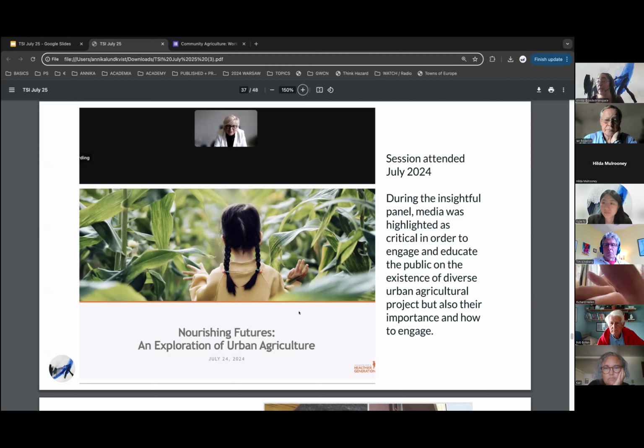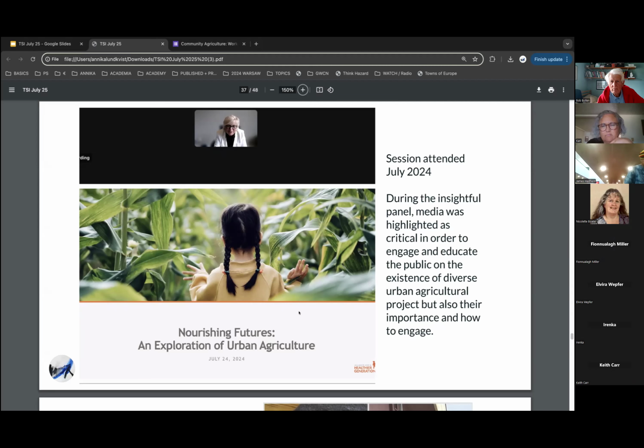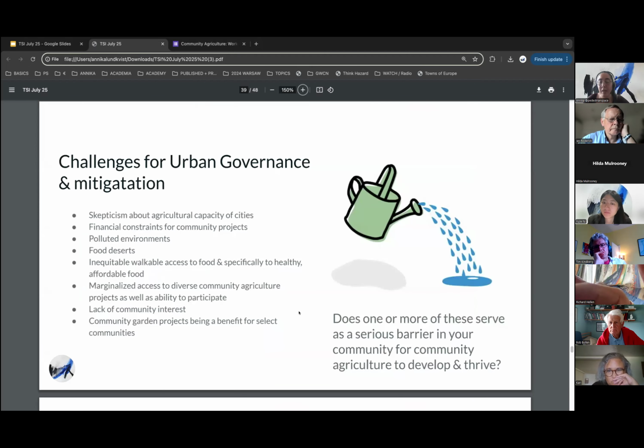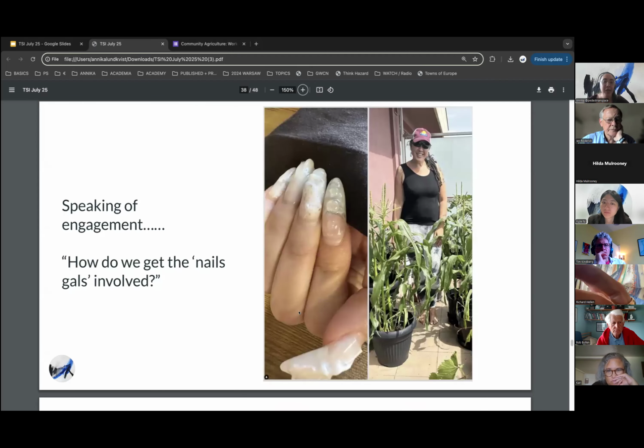And as we know, media is a very powerful tool, for better or for worse, but we use it for better, to inspire, engage, and educate people on how food can be grown in cities, what the benefits and challenges are, and how we can support diverse urban agricultural initiatives.